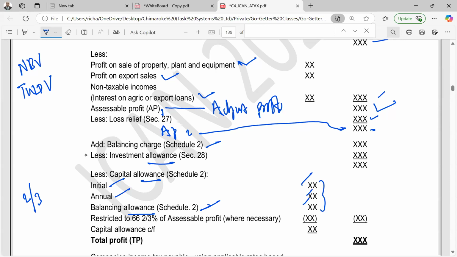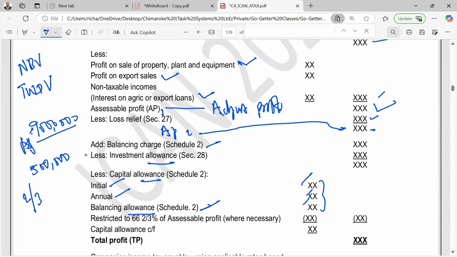Meaning that if their total assessable profit is, say, 900,000, and let's say their capital allowance is 500,000, you cannot just remove this 500,000 from this 900,000.